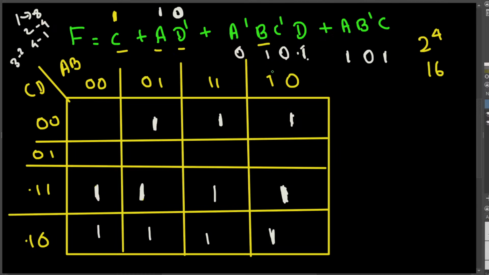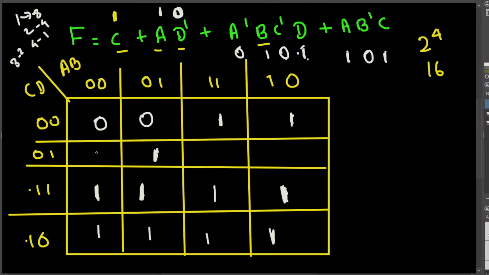Let me double check this one. A is 0, that is these 2 columns, B is 1, that is this column only, C has to be 0, that is these 2 rows, and D has to be 1. D is 1 right here, so the earlier one was wrong. Okay, that's it basically. The others are going to be 0.